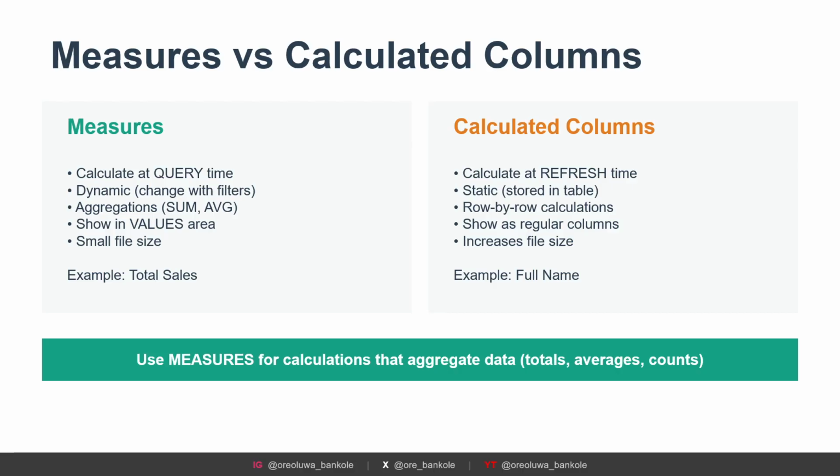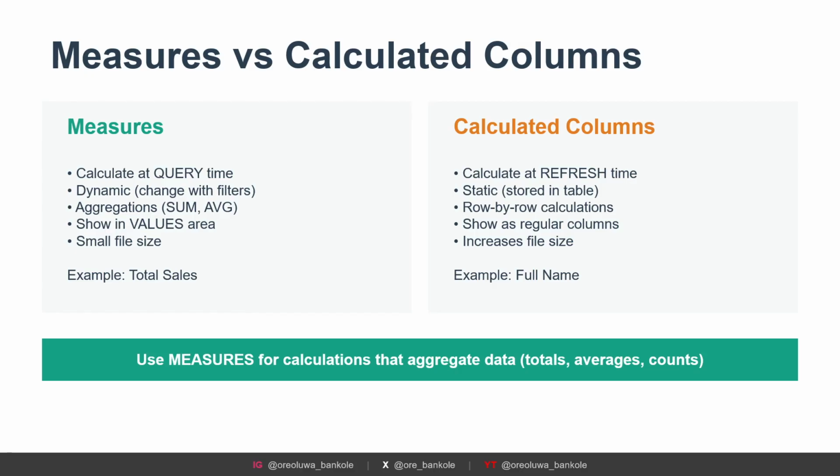Now imagine you create more than 1, 2, 3, 4 calculated columns inside your model. As you create them, you should know that your data model is getting bigger and bigger and bigger.